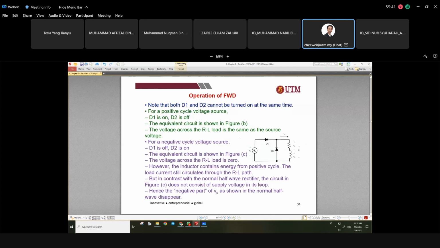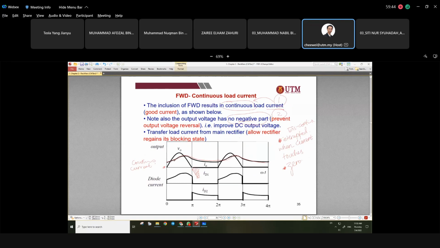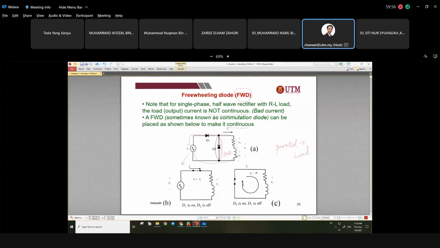That's why you see that during the positive half cycle, this first box looks the same, the voltage and the current. Something changes during the negative half cycle, because when the negative half cycle comes in, this diode will be in the blocking state. So nothing happens there, but you see that this other diode is there. This one is open, but this one provides the path for the current to flow in this direction.